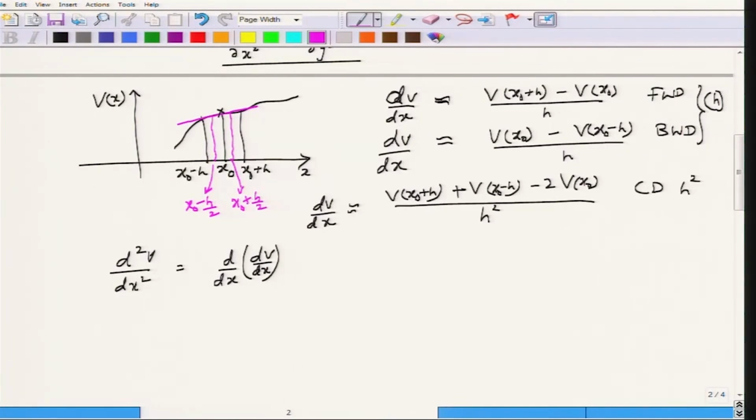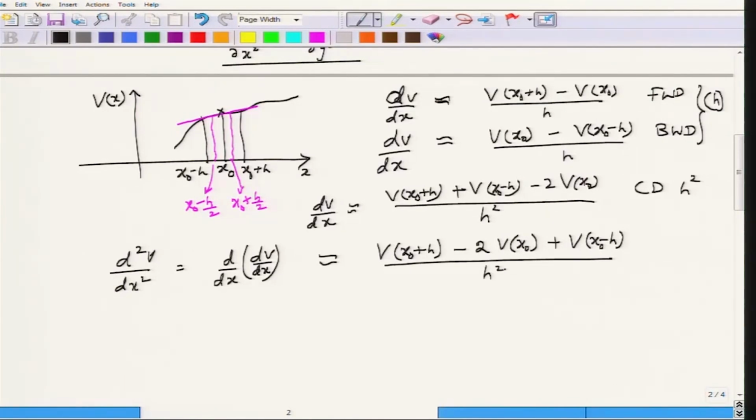Here I won't do the central difference, I will do a single difference, and when I do that I will be able to obtain the expression for d square v by dx square, which in the numerical way is given by v of x0 plus h minus 2 v of x0 plus v of x0 minus h, divided by h square.